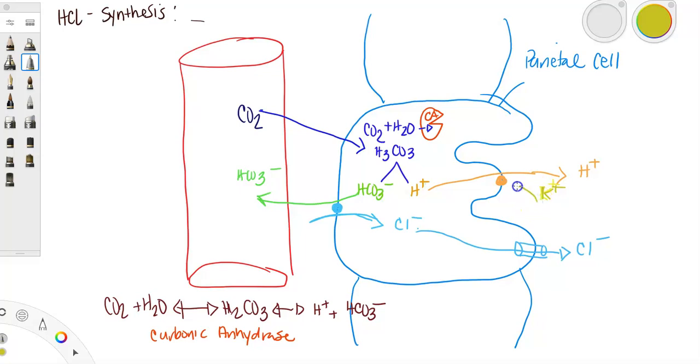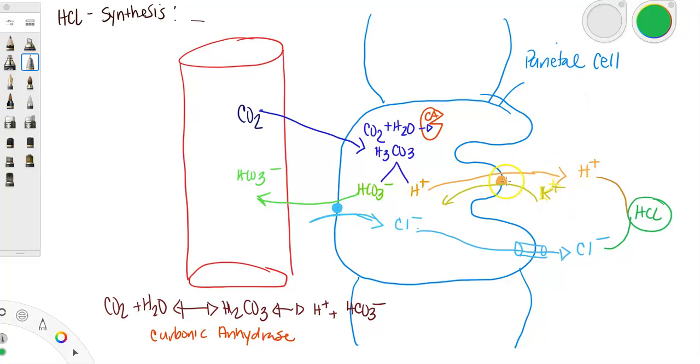Okay, so we bring a potassium into the cell as we are exiting the hydrogen into the lumen. Okay, so once the hydrogen is in the lumen, it meets up with the chloride and it makes hydrochloric acid. So that's how hydrochloric acid is made.